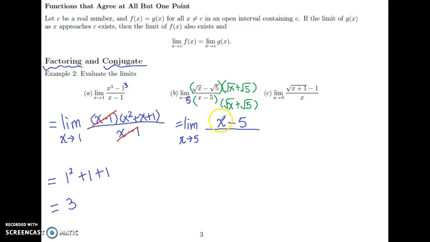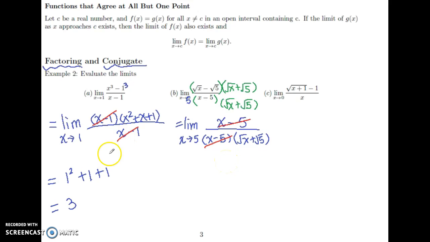So x minus 5 on the top. In the bottom, you do not FOIL it because we want to be able to do a cancellation. So we see x minus 5 and x minus 5 in the top and bottom. We want to cancel it because x minus 5 in the bottom is the trouble that we have.